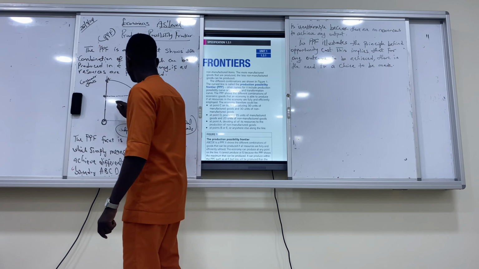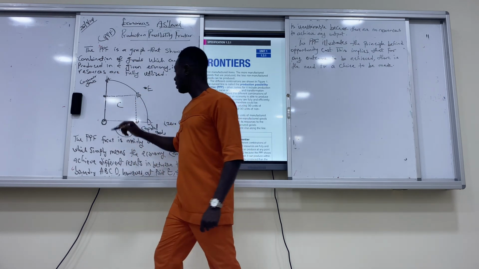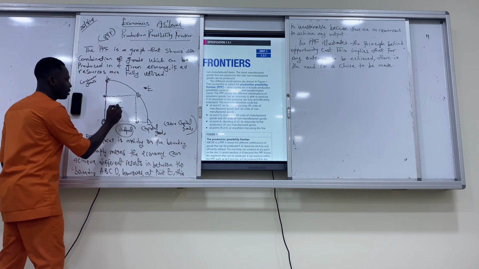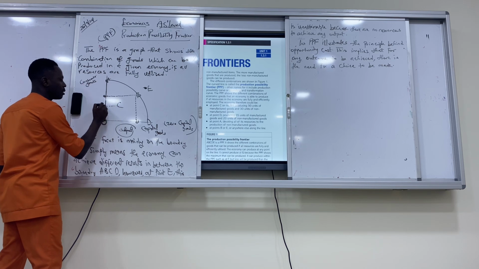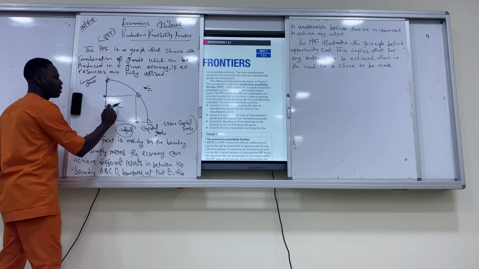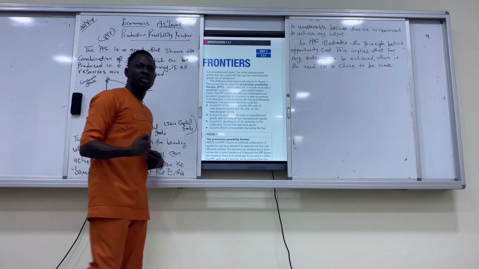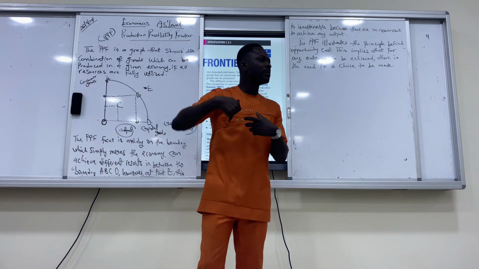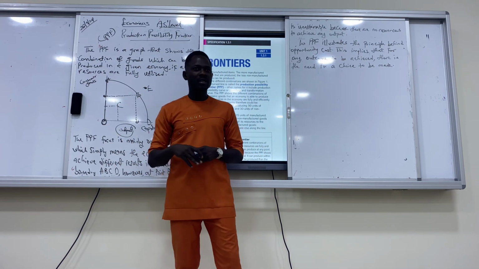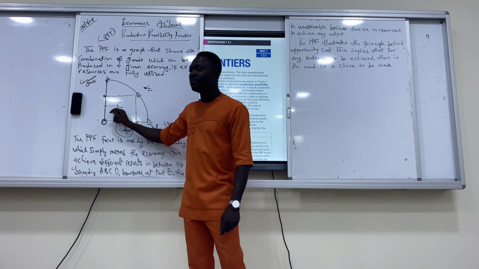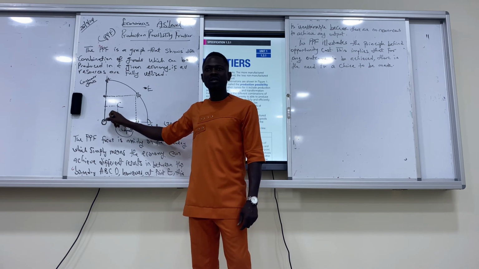Going to point C. Point C is inside the boundary. Point C is where? Inside the boundary. What does that simply mean? If it's inside the boundary, who knows what it means?